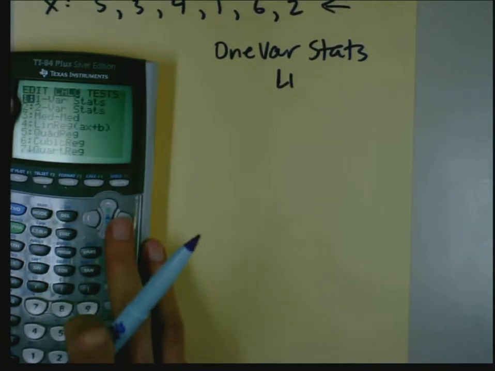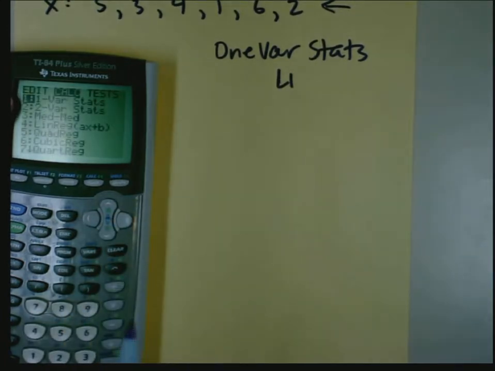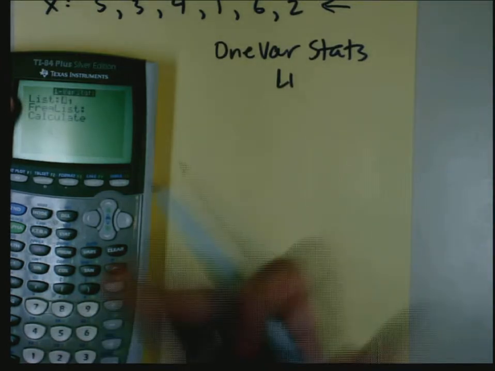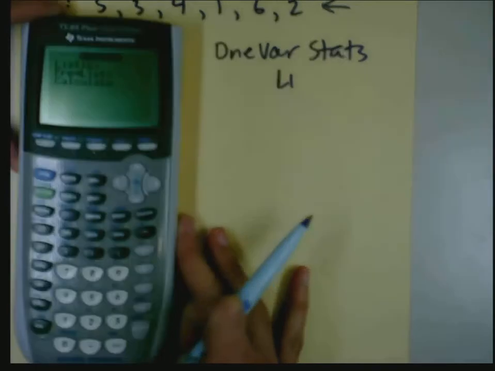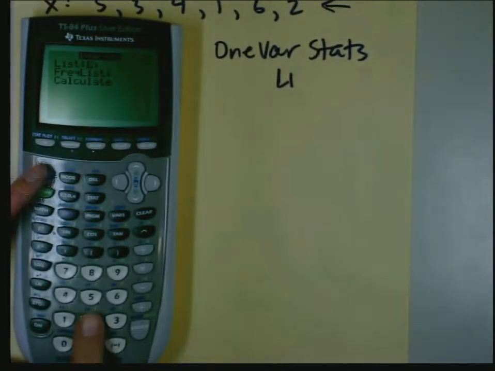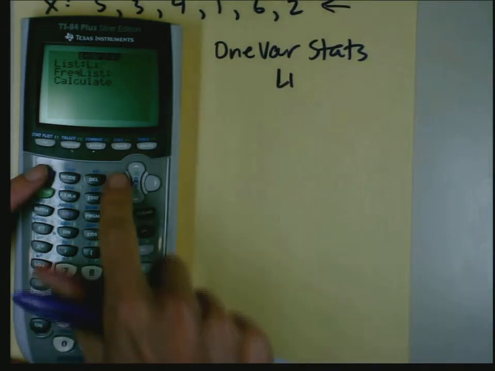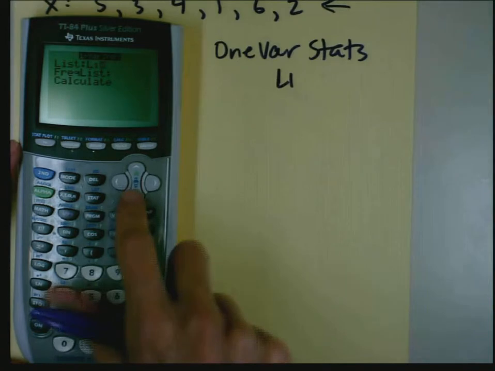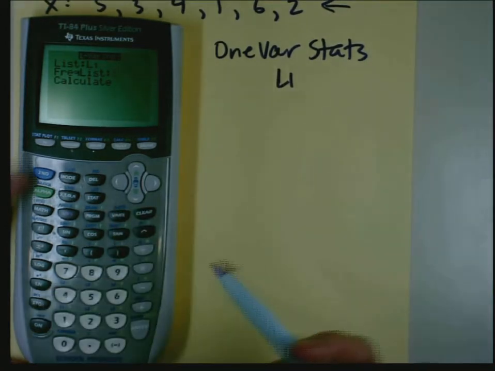There's the same one variable stats. The prompts will be just a little bit different. It asks you for the list name. Mine are in L1. If my data wasn't in L1, I could choose L2 here by going second 2 for L2. But it wasn't, so let me arrow back over and go second 1 for L1. This frequency list should be blank.